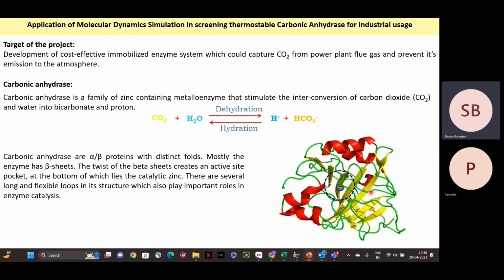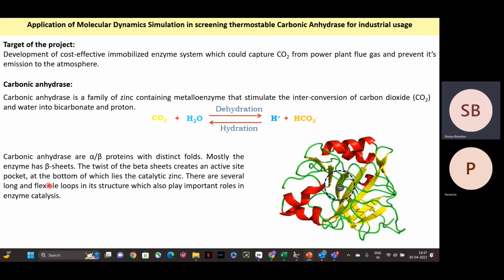Now, carbonic anhydrases are alpha-beta proteins with distinct folds. Most of the enzyme has beta sheets, as you can see shown by this yellow antiparallel beta sheet. The twist of the beta sheet creates an active site pocket at the bottom, at which lies the catalytic zinc. The zinc is shown by this gray ball.